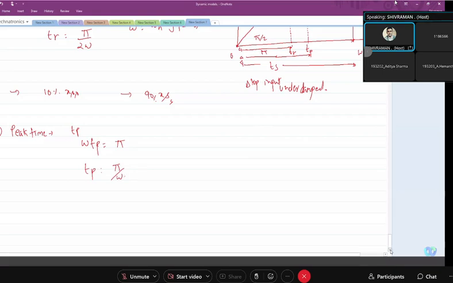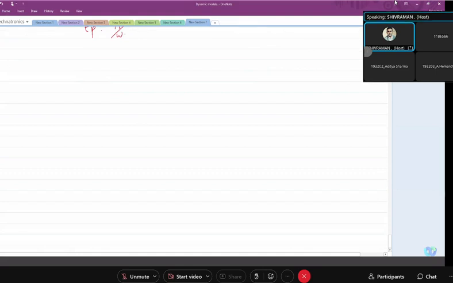Third is your overshoot. Basically it's a measure of the maximum amount by which a system overshoots from its steady state value.